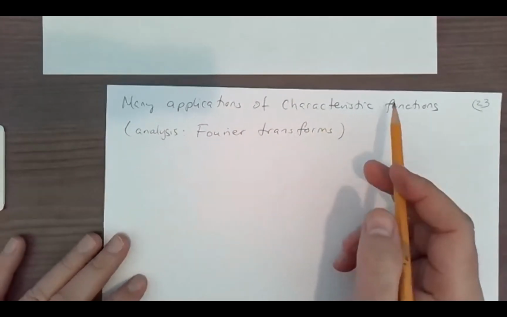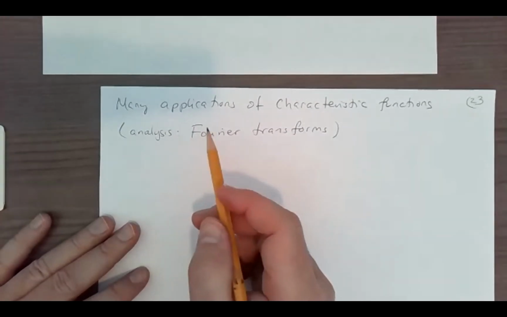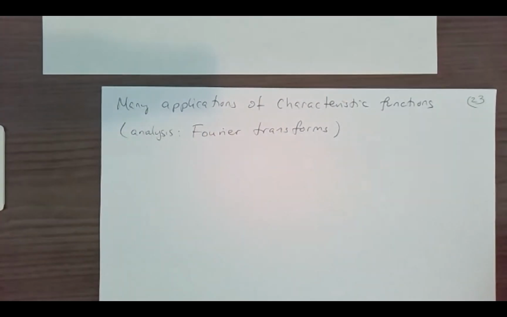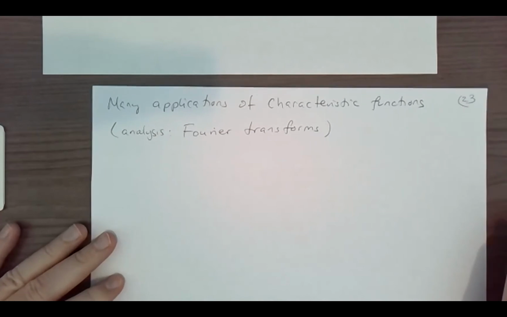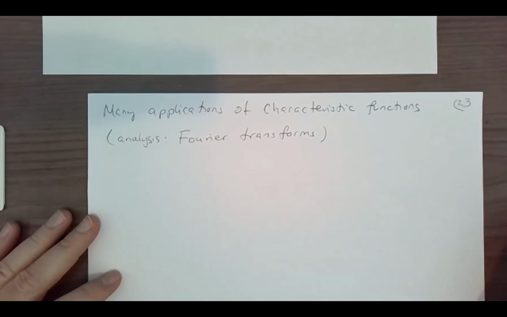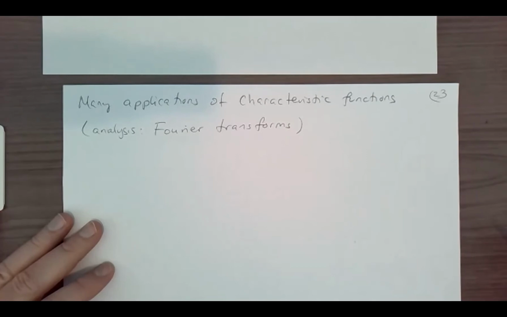So what we call characteristic functions in probability, in analysis and in engineering they call Fourier transforms. There are many applications of them.